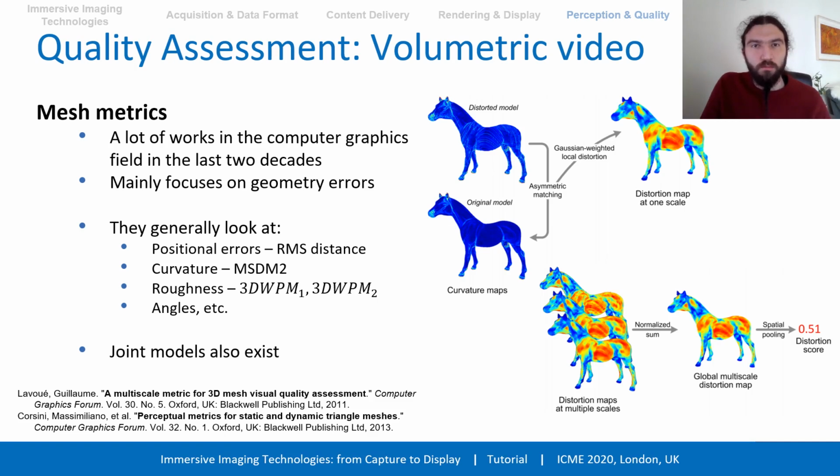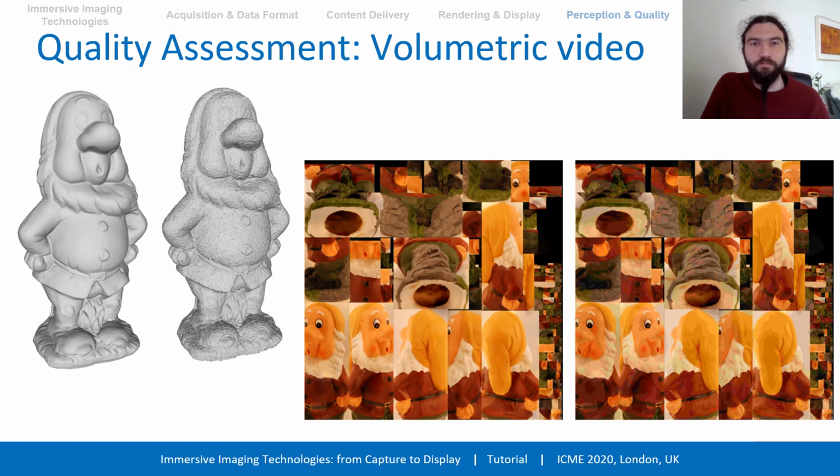Although most of the mesh metrics only consider geometry distortions, joint models which consider both geometry and texture also exist, and it is more relevant and more interesting for us for volumetric video quality assessment. As mentioned earlier, the textured polygonal meshes consist of a geometry, which is formed with vertices and faces, and a texture atlas. Here sample distortions are shown.